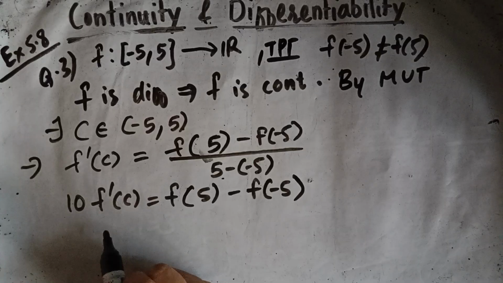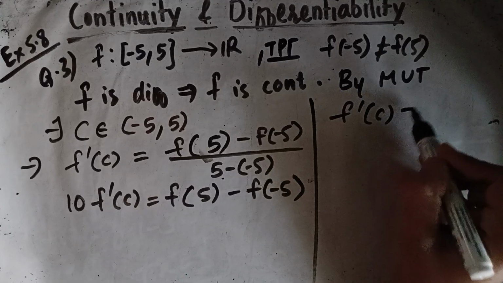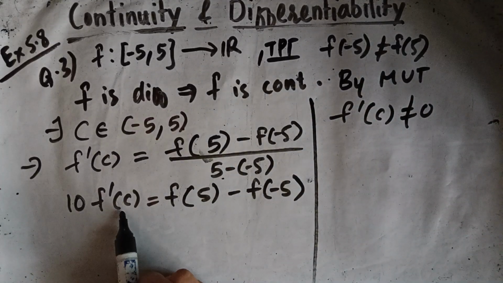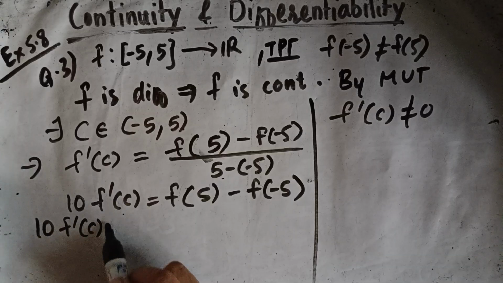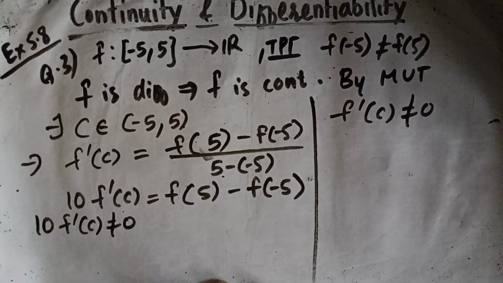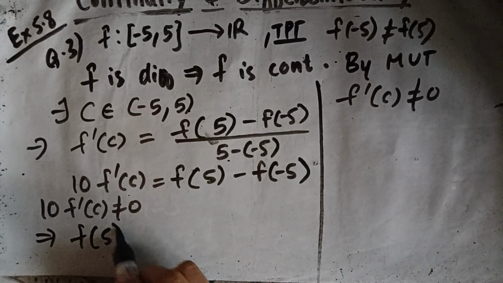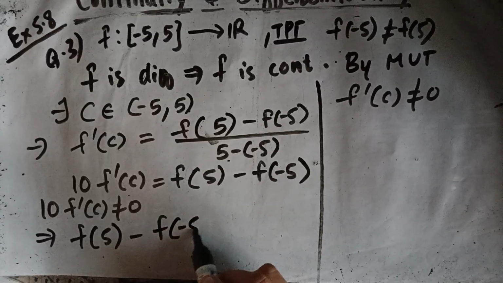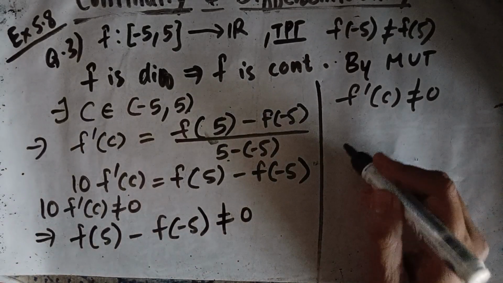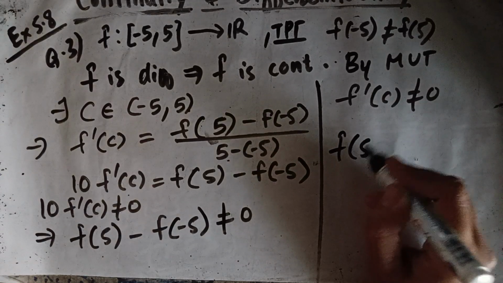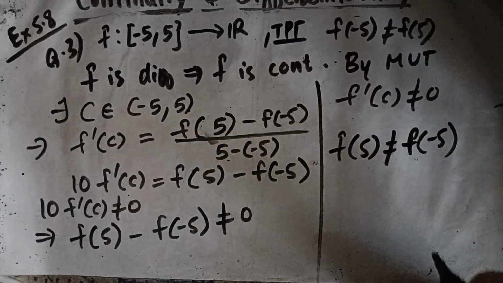So f dash of c is not equal to 0, which implies f of 5 minus f of minus 5 is not equal to 0. So we can say that f of 5 is not equal to f of minus 5.